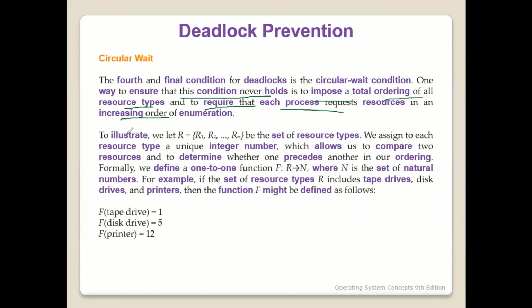Let's assume you have these many resources, R1, R2, R3, R4, etc. We are going to assign to each resource type a unique integer number, like an ID number. Unique means it's different from every other resource, which allows us to compare two resources and to determine whether one precedes another in our ordering.